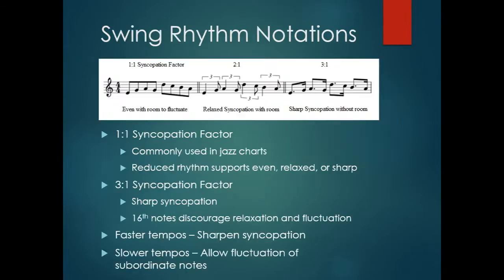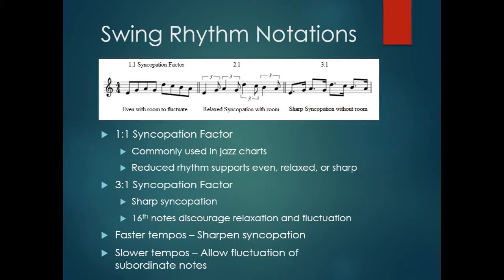So as a correlation to try to explain this idea of the syncopation factor and the reduced rhythm, if we look at a duple rhythm called the swing rhythm, which is common to jazz music, we'll see that swing rhythm can be notated as a 1-to-1 syncopation factor, 2-to-1, or 3-to-1.